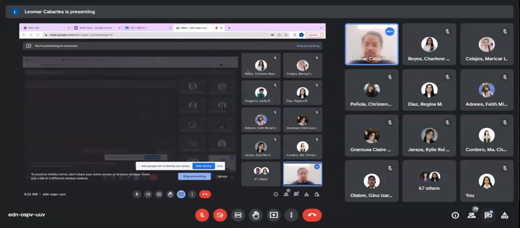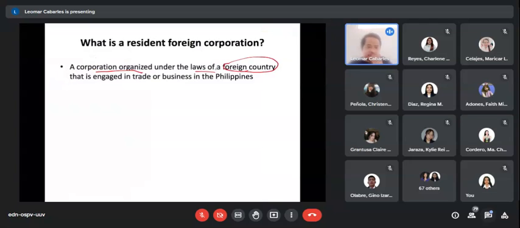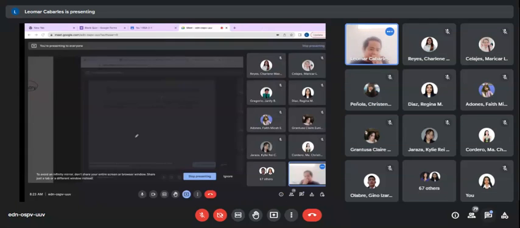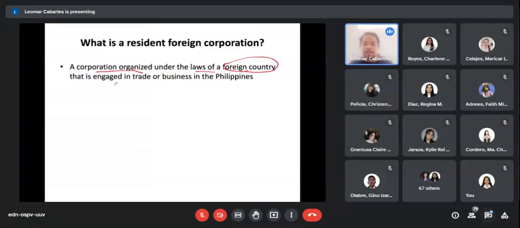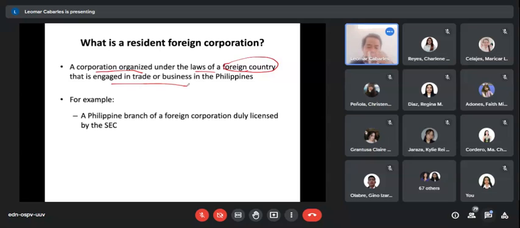No? So under the laws of foreign country. But it is a resident corporation dahil engaged siya in trade or business in the Philippines. Kadalasan, pagka meron siyang Philippine branch dito sa Pilipinas, which is of course licensed pa rin ng SEC.